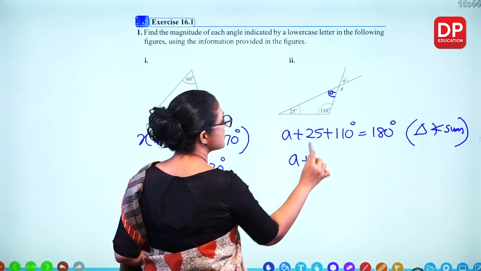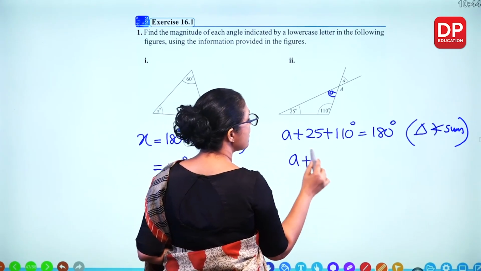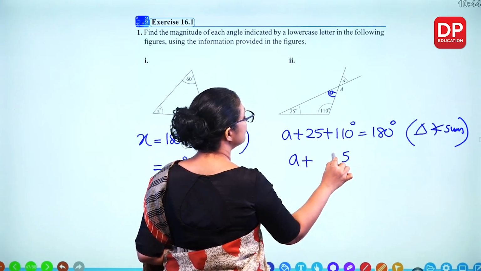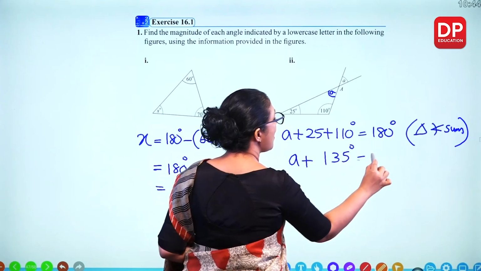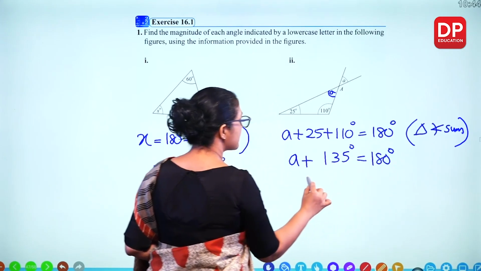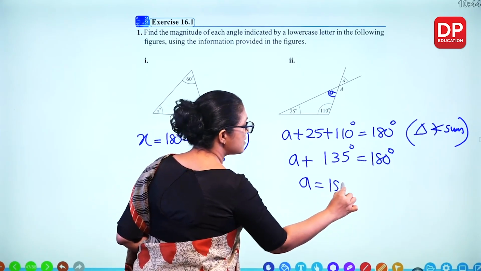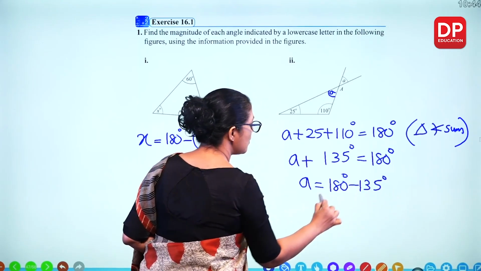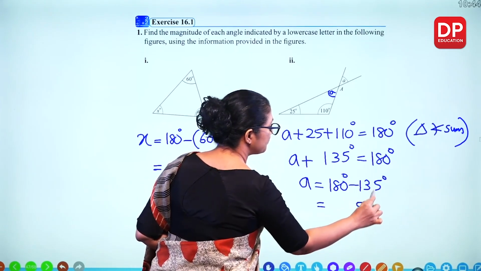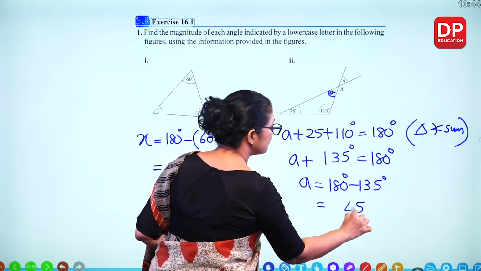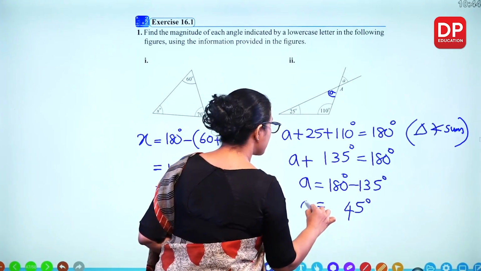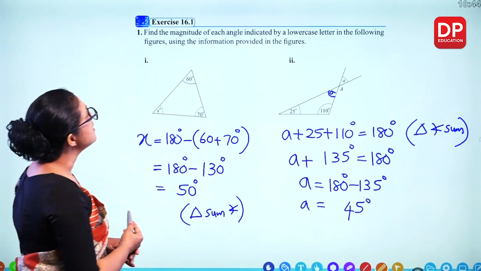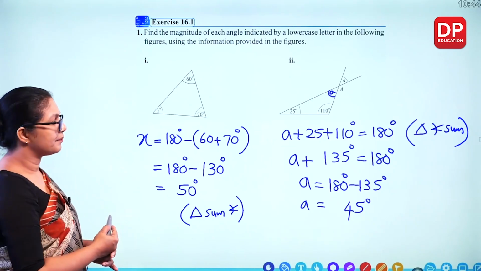So A plus 25 plus 110 is 135. When you subtract 135 from 180, you get the A value. 45 degrees. So the A angle is 45 degrees.